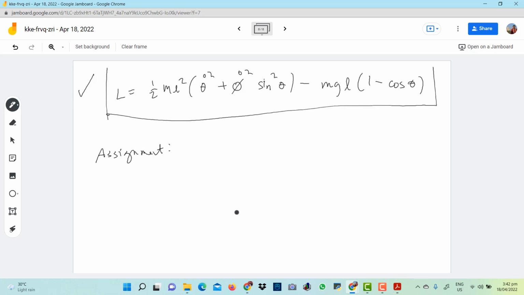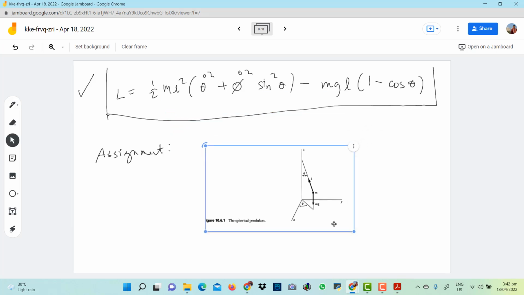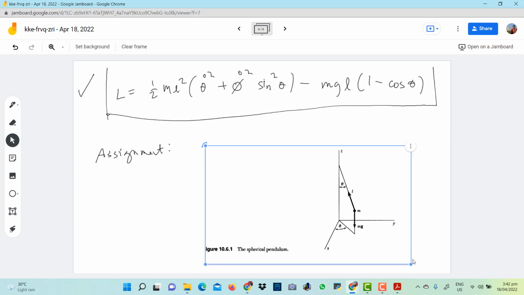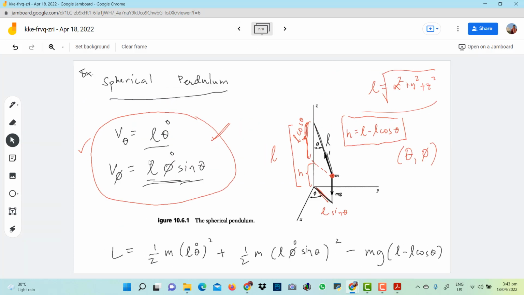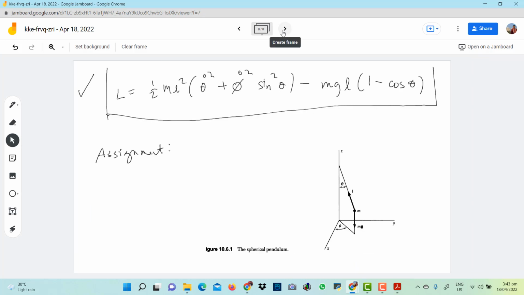So as you can see here, if I can get the position of my M, then I can also solve for the velocity. We started directly from our V, but if I start from the position, then I can solve for the velocity, and from the velocity I can derive L equal to this one.